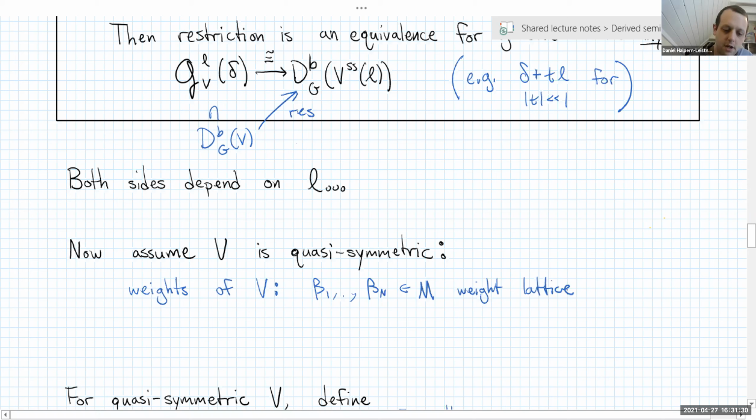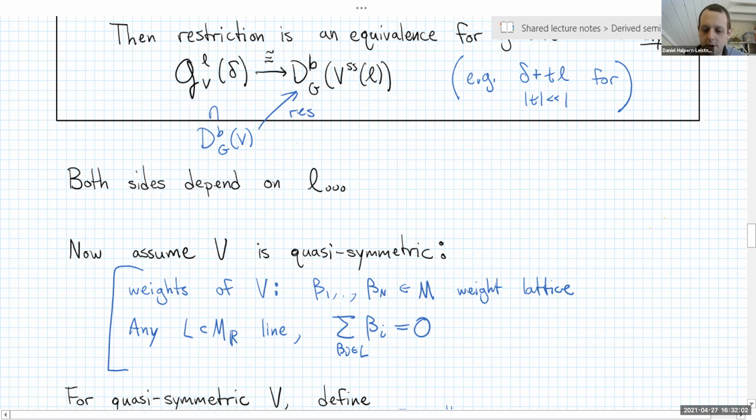Quasi-symmetric means that if I take any line L, the sum of the beta i that lie in that particular line is equal to 0. That's the definition of quasi-symmetric.